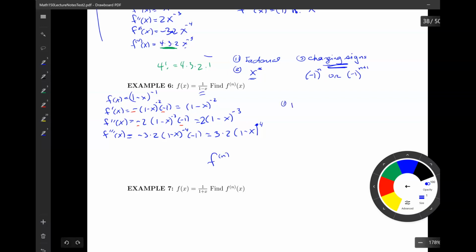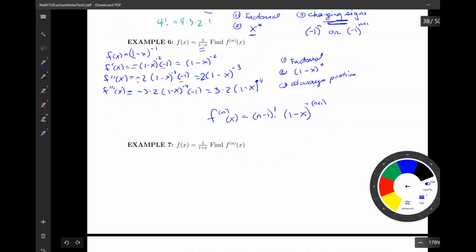So I see 1, a factorial again growing. 2, I see there's a 1 minus x to a power. And the third thing, there's no third thing, right? It's always positive. It's not changing sign like the last example I did. So I don't need to really worry about that. So the factorial, I think, is going to be n minus 1 factorial. And then I'm going to have 1 minus x to the negative n plus 1 derivative.